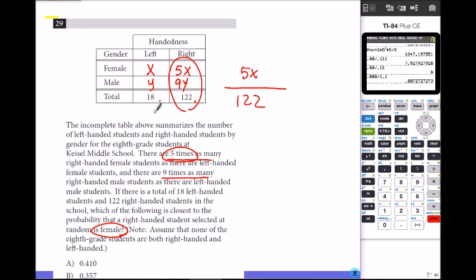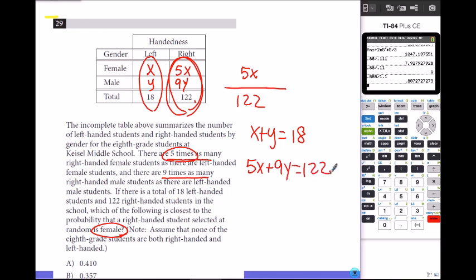So by looking at this, X plus Y equals 18. And by looking at this column, 5X plus 9Y equals 122. So you just have to solve the system of equations. I'll go ahead and multiply this whole thing by 5 so I can easily get rid of 5X. Solving the system of equations by elimination.